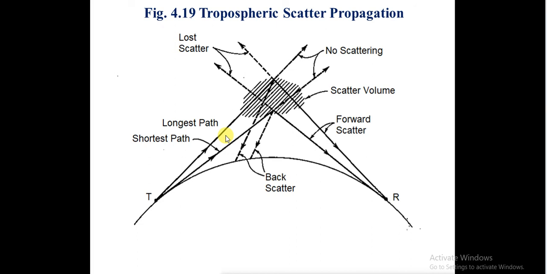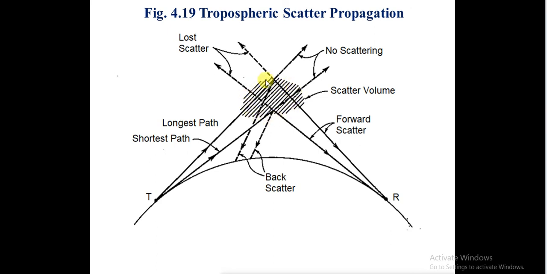Fading is of two types: one is fast occurring and one is slow occurring. Slow fading occurs in this layer of the atmosphere. Fast fading occurs in the scatter volume itself.